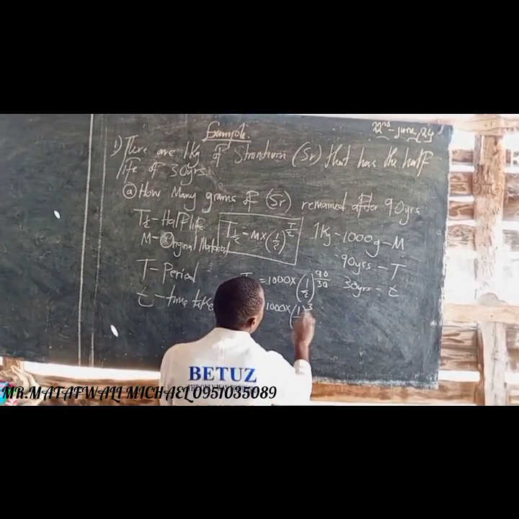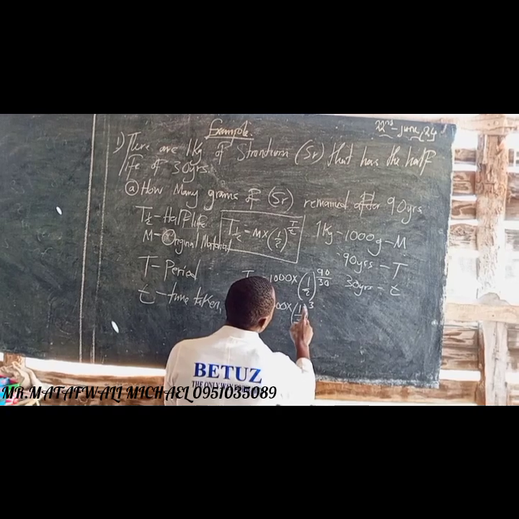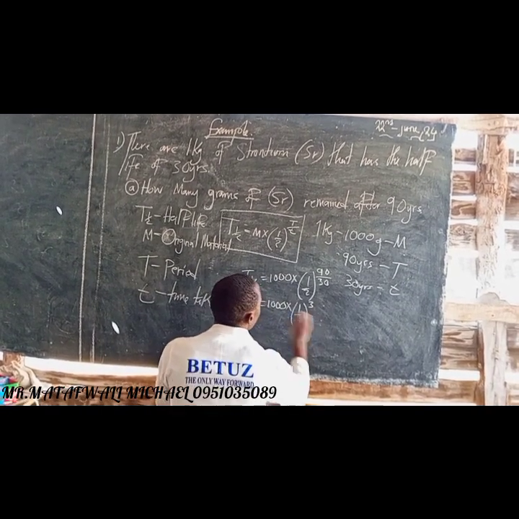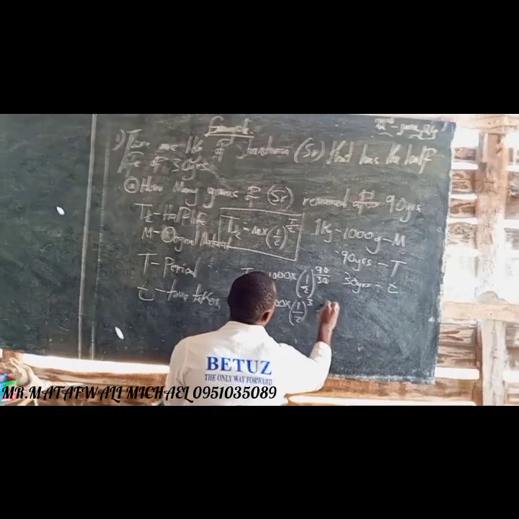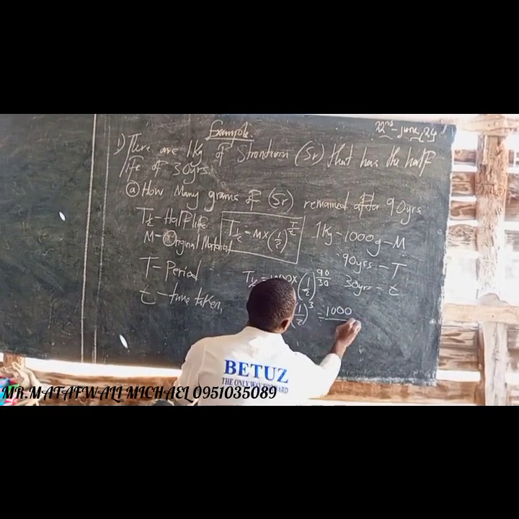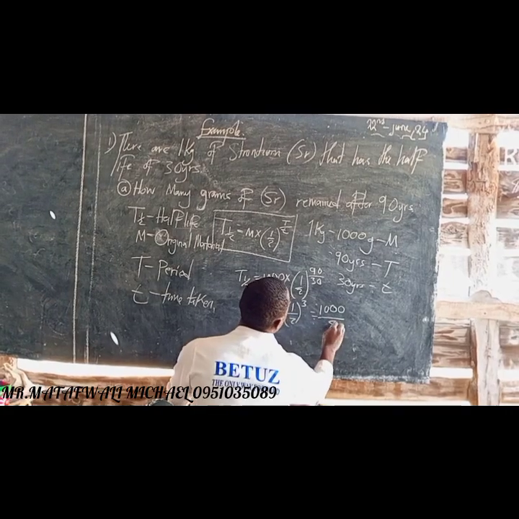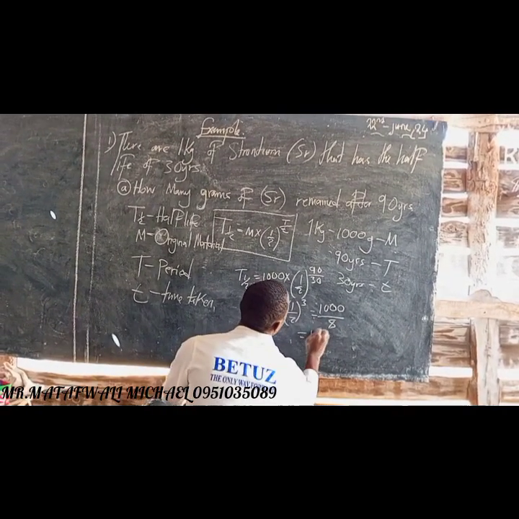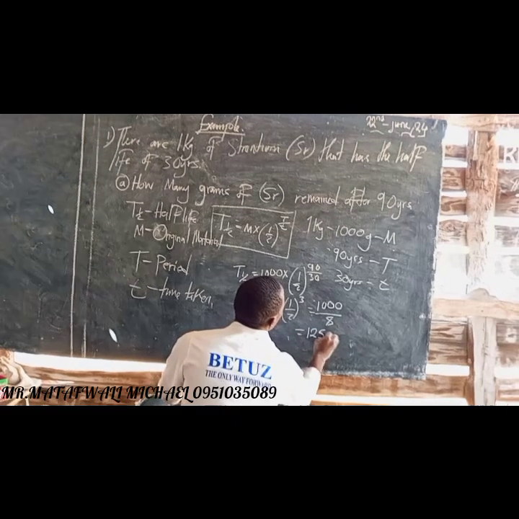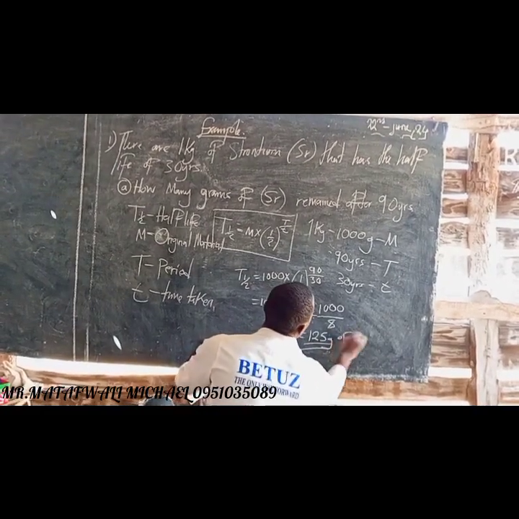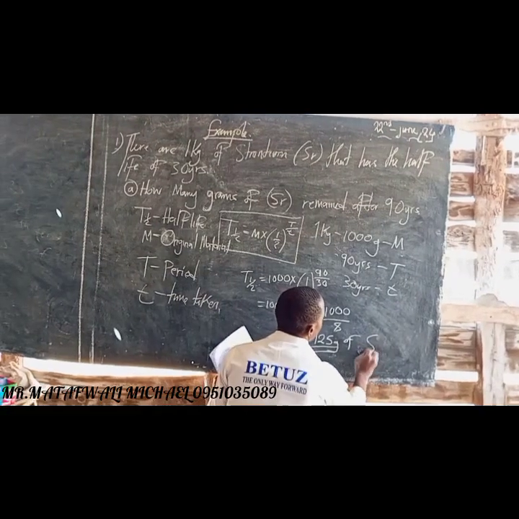So 1 cubed is equal to 1, then 2 cubed is equal to 8. So the answer which we are going to have here is 125 grams of strontium.